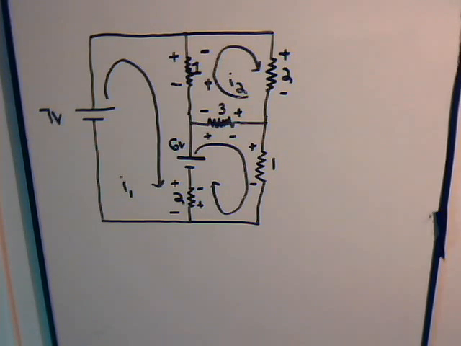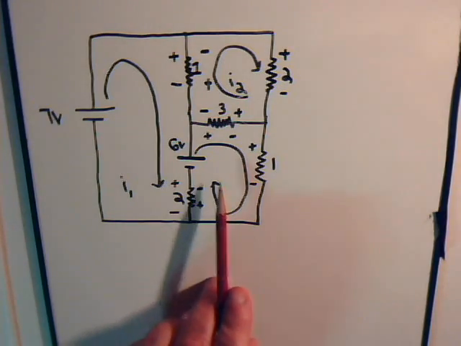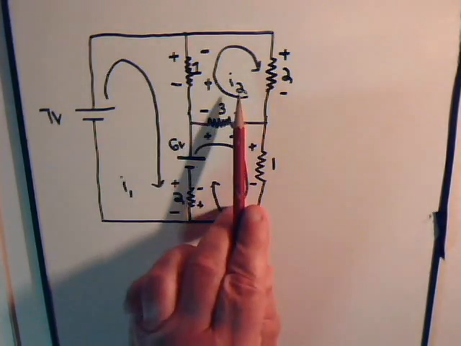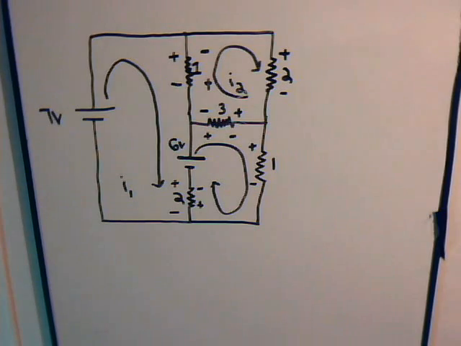To apply the method of mesh analysis, we consider these as separate windows in the circuit, if you will. In each one of these windows, we consider a current flowing through it.